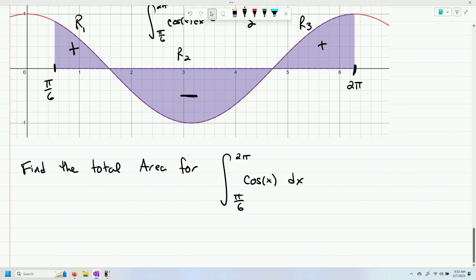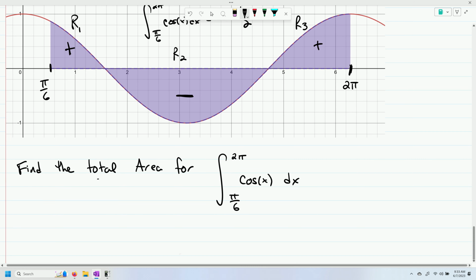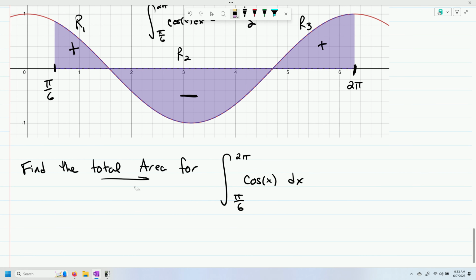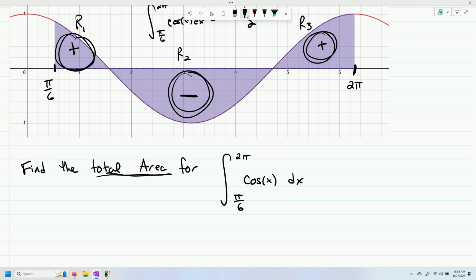See, total area is really telling us to find the area for region 1, find the area for region 2, and find the area for region 3. So we want region 1 plus region 2 plus region 3. So this is 3 separate problems.